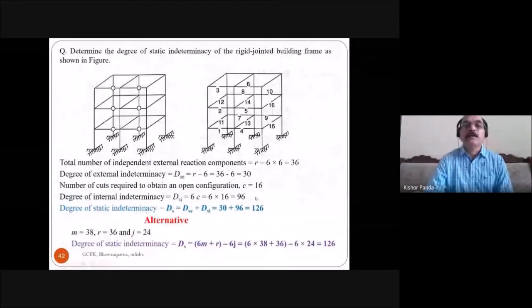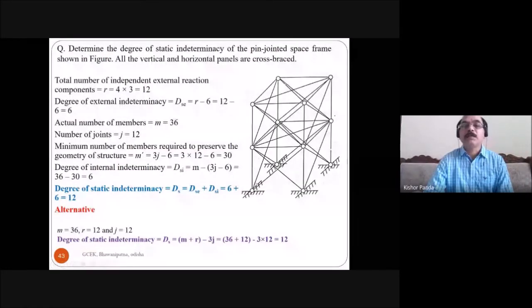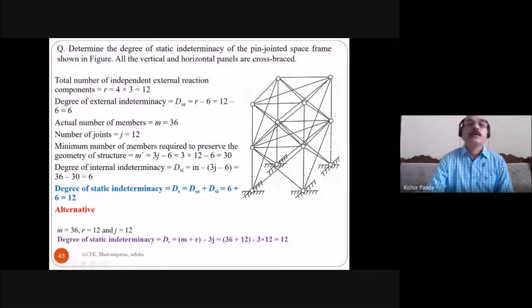Here rigid jointed, you have to take 6 at each joint, at each fixed end. But in the case of pin jointed space frame, at the joint you have to take 3 reaction components. Here 4 pin joints, and at each joint there are 3 reactions. So the total number of reactions is equal to 4 into 3, 12.